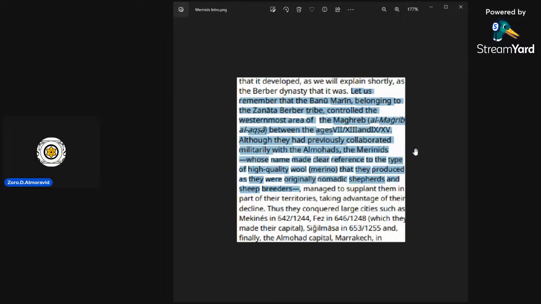They were already on the scene in terms of military involvements with the Almohads and stuff like that. The name Marinids comes from the high quality merino wool that was produced by the Marinids, as they were originally nomadic shepherds and sheep breeders. Some of their accomplishments: they conquered cities like Meknes, Fes, Marrakesh, Sijilmassa, and stuff like that.